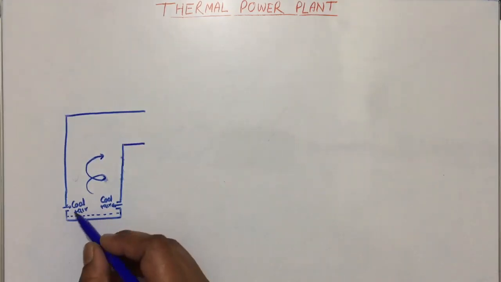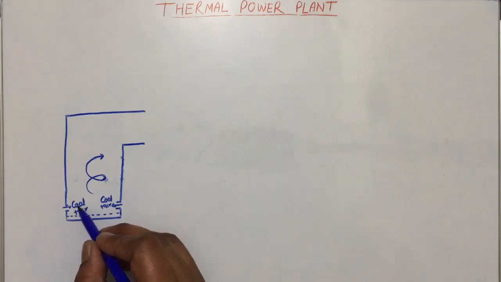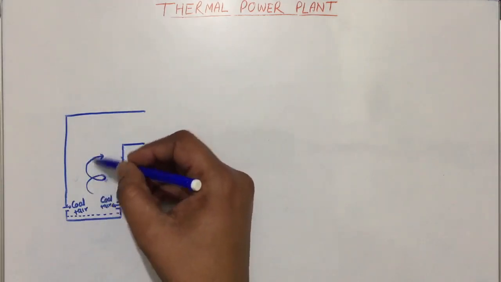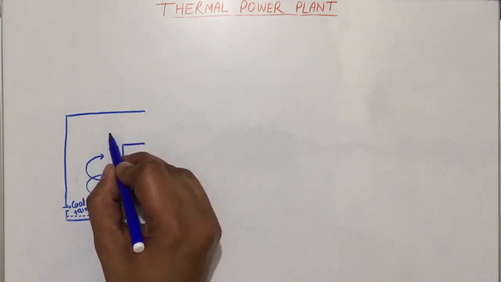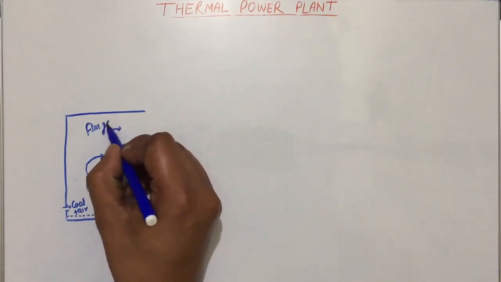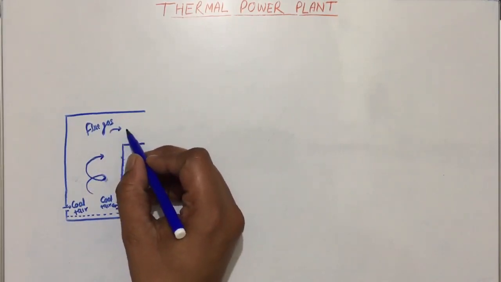Now the gas that is injected with the coal gets heated up after burning of the coal, passes from here, and here the flue gases have a very high temperature.